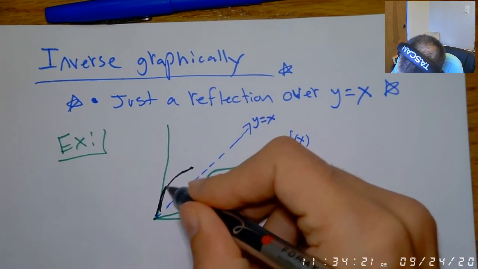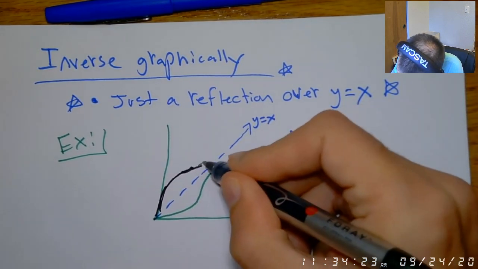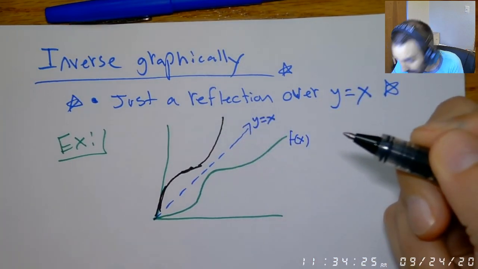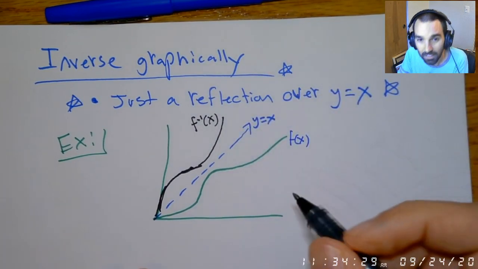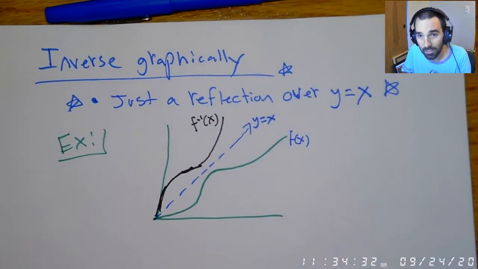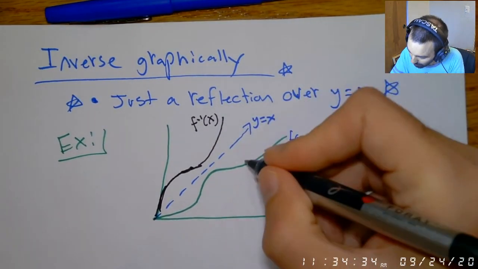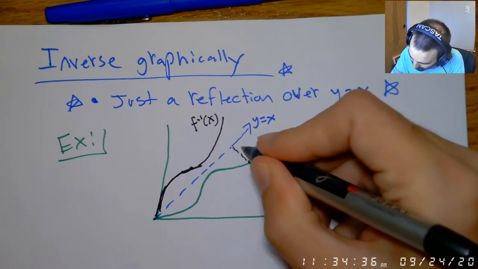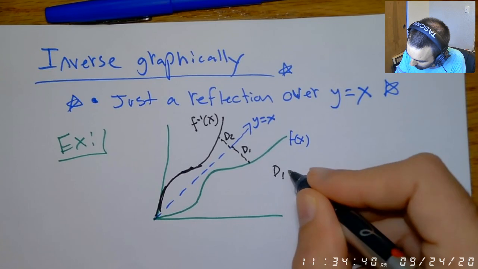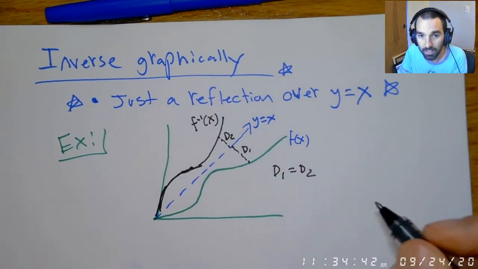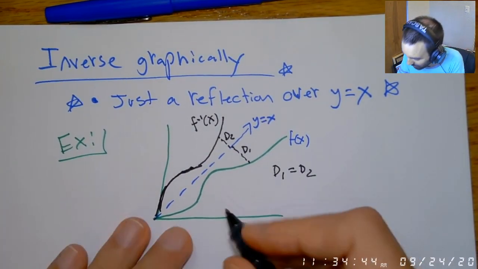Oops. All right, that's okay. This would be f inverse of x. Okay, and you guys talked about this in geometry, right? D1 and D2 are going to be the same. Okay, because you're just flipping the x and the y.